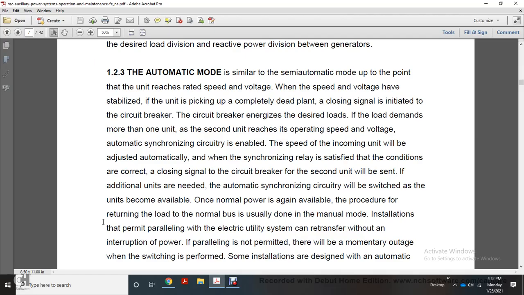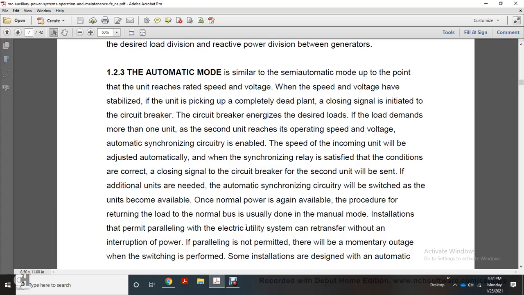The speed of the incoming unit will be adjusted automatically until the synchronizing relay is satisfied that the conditions are correct. The closing signal to the circuit breaker for the second unit will then be sent. If additional units are needed, the automatic synchronizing circuitry will be switched as the units become available. Once normal power is available again, returning the load to the normal bus is usually done in the manual mode.